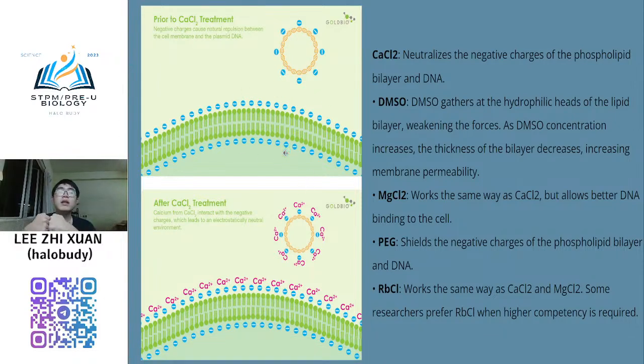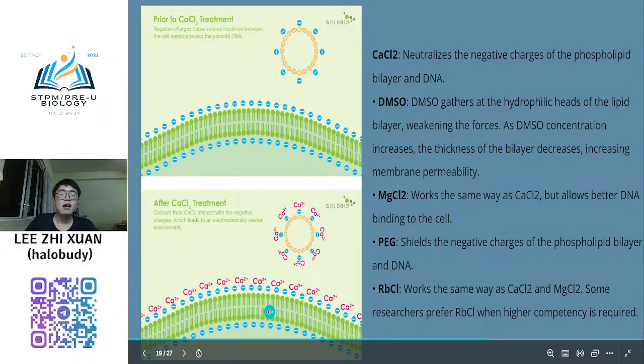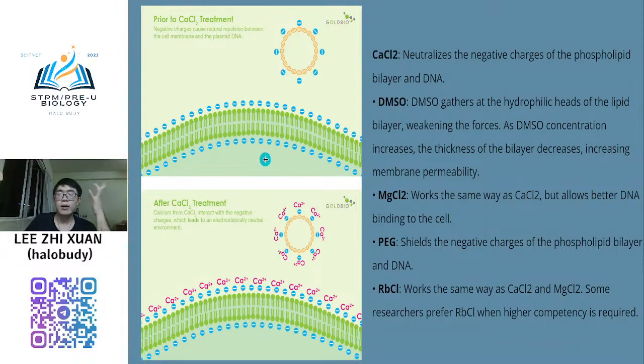So it already becomes unstable. Now the recombinant plasmid is able to enter through the bacterial cell wall and go inside. So the recombinant plasmid is able to transform into the bacterial cell. Okay, so this is the principle.